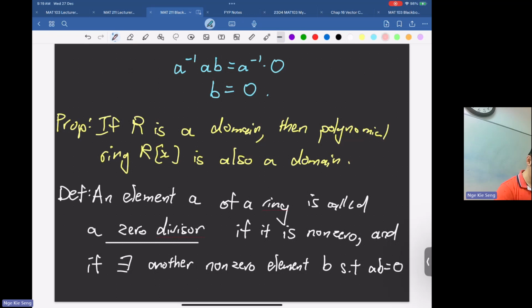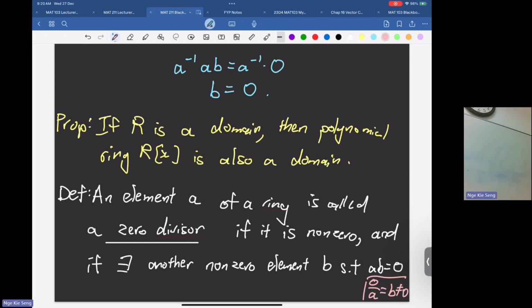Or in other words, 0 over A equals B, which is non-zero. This is just a side note. We don't want to write divide because we don't always have invertible elements, but what we can do is consider the multiplicative form.